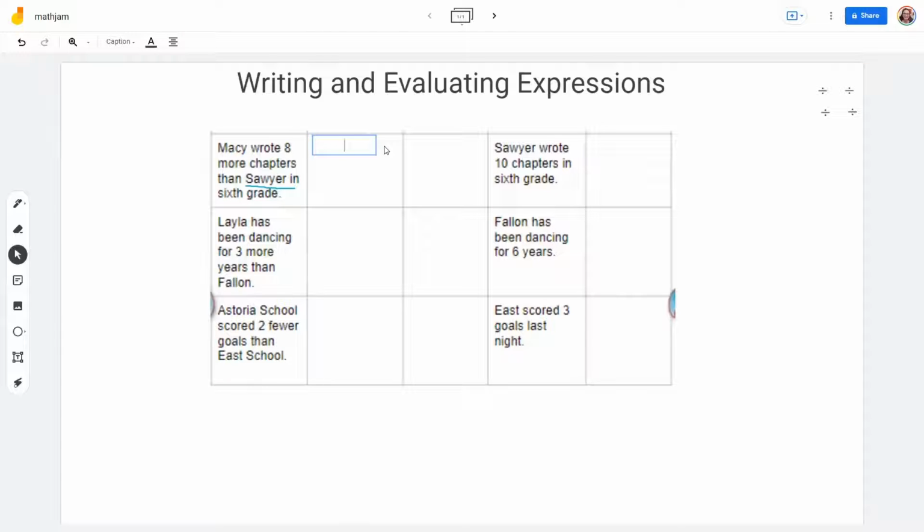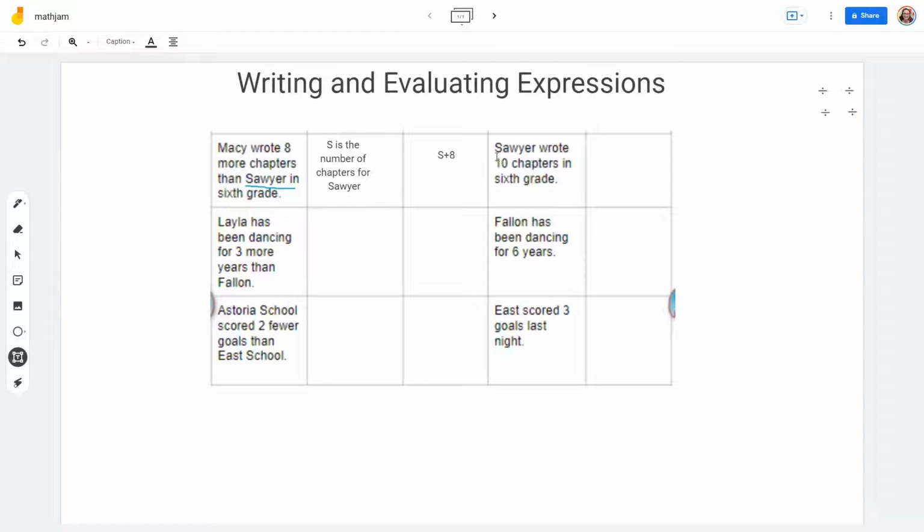S is the number of chapters for Sawyer. As we write that out as an expression, we would write S plus 8, because we have to figure out how many chapters Sawyer wrote before we can figure out how many Macy wrote.